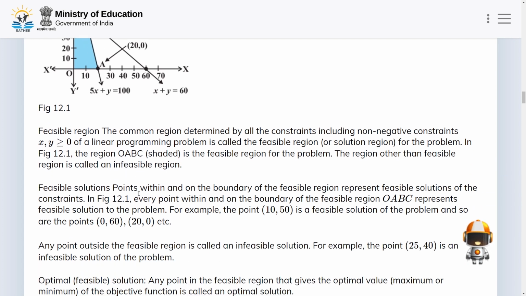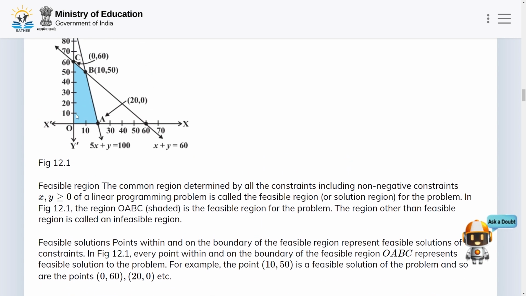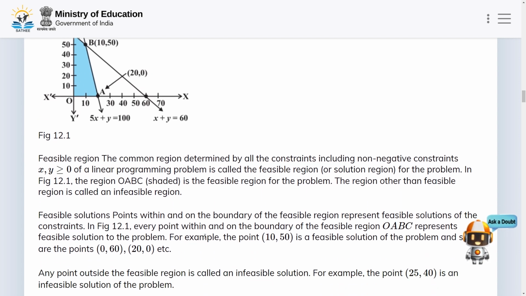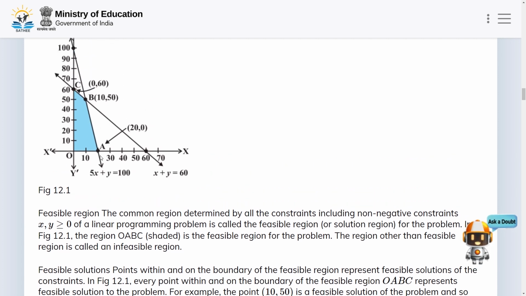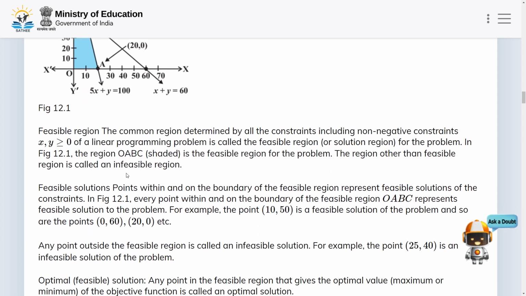Feasible solution means points within and on the boundary of the feasible region represent feasible solutions. If you refer to this figure, every point within or on the boundary of the feasible region OABC represents a feasible solution of the problem.